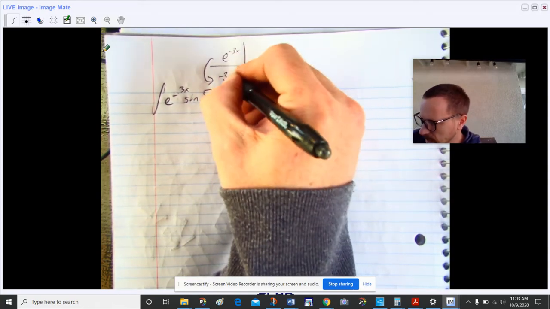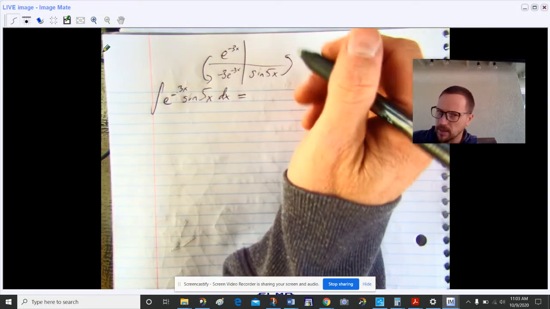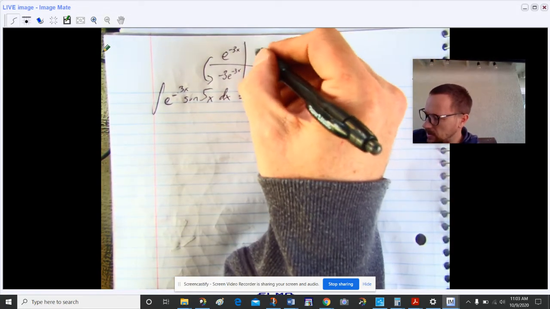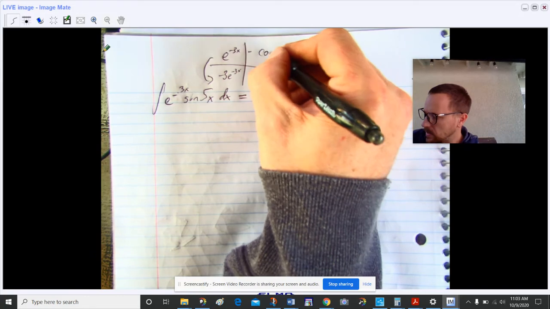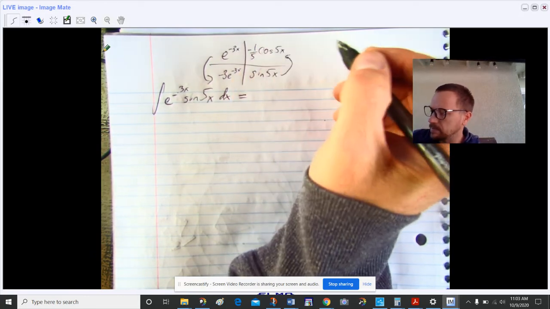We get negative 3 e to the negative 3x. And of course, if we find the antiderivative, it'd be a negative cosine of 5x, but we'd have to deal with that 5, so 1/5. Okay?